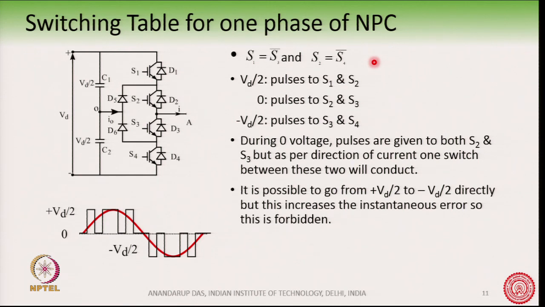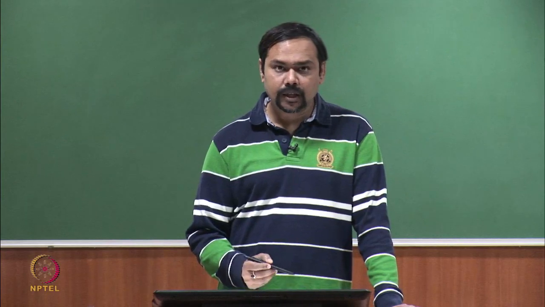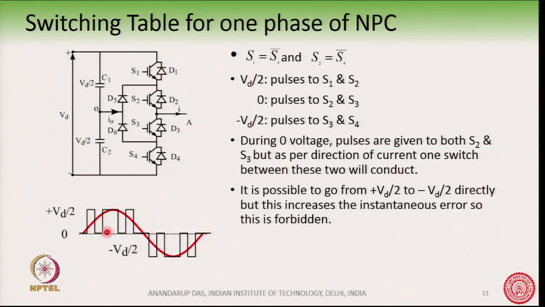Now, it is also possible in this converter to go from plus Vd by 2 to minus Vd by 2. If you see here the VAO voltage, we have switched between 0 and Vd by 2 here, and then again 0 and minus Vd by 2 here.